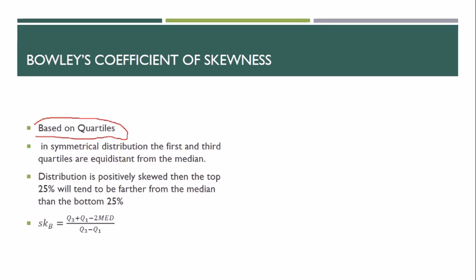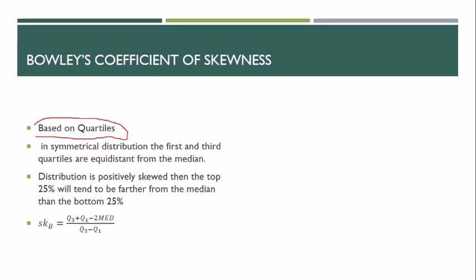It must be remembered that the results obtained by these 2 measures are not to be compared with one another, and the numerical values are not related, because in Bowley's measure we use quartiles for calculating the coefficient, whereas Pearson's coefficient is all about mean, median, mode, and standard deviation.